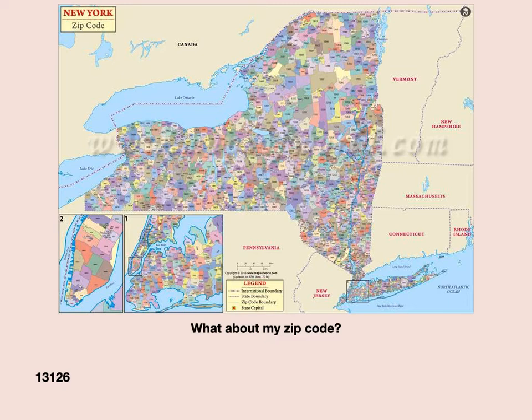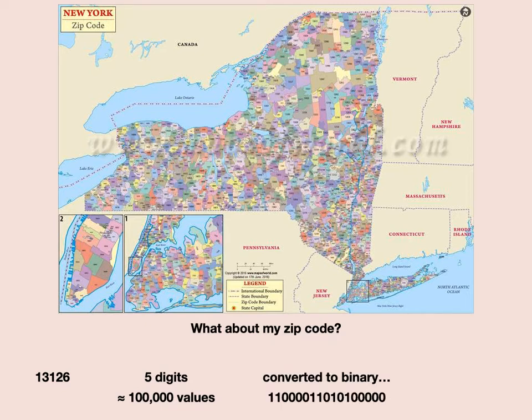Okay, cool. Oh, right, so 5 digits, 100,000 possible values. For me to get you to Oswego, we'd have to convert this to binary, right? We're trying to do this in terms of bits, the basic information, 1s and 0s. So, to do 5 digits, 100,000 values in binary, comes out to this. That's the actual binary for 13126.